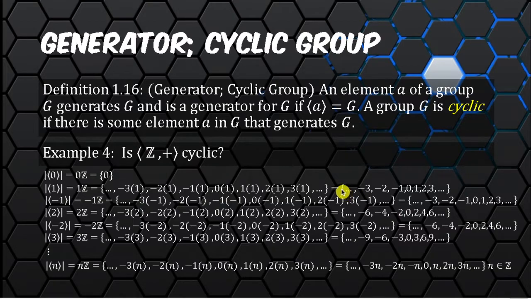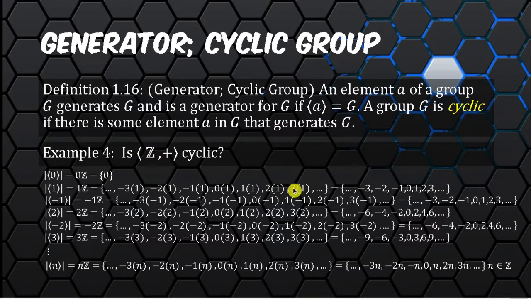If we trace, pag titignan natin ito, this is exactly the same set, no? The set of integers. So, na-generate niya ni 1. Actually, ganun din si -1. 0, obviously, this set is not the same as Z. Itong 2, yung laman lang niya ay even integers nga.